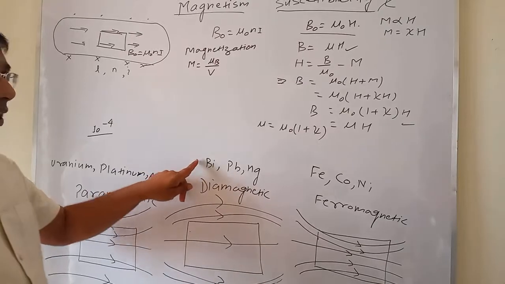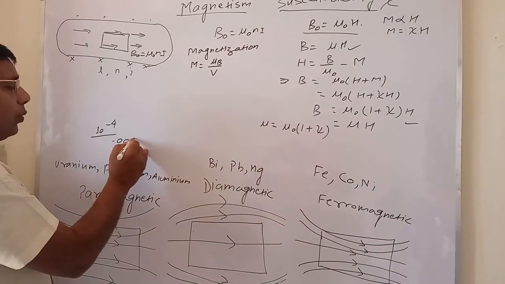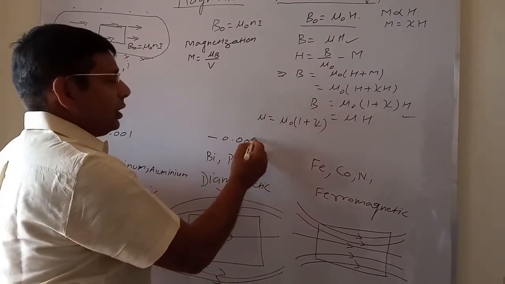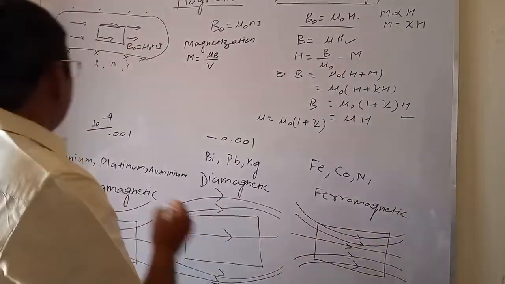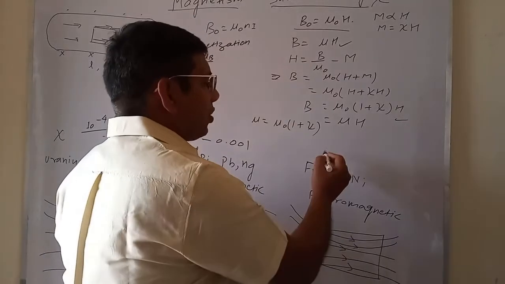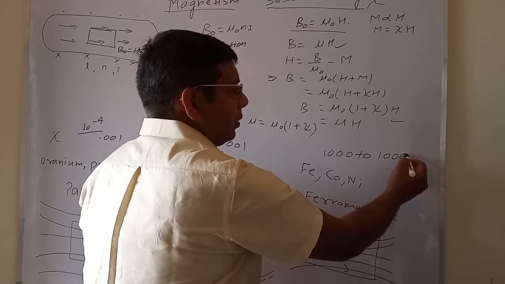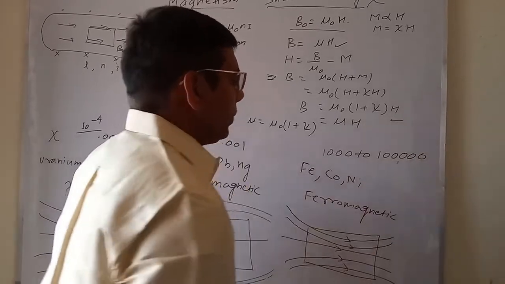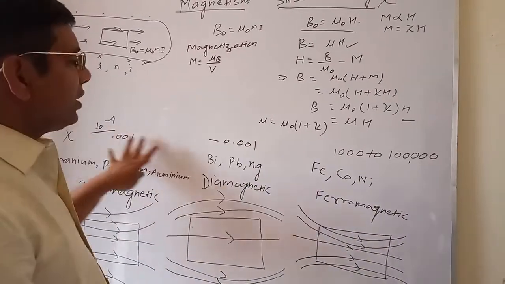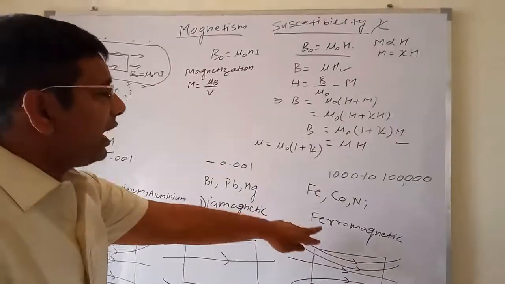If it is negative, it may be like minus 0.0001, then it is diamagnetic. And in the ferromagnetic case, susceptibility will be very high, of the order of 1000 to 1 lakh. So quantitatively we can say when a material will be paramagnetic, diamagnetic, or ferromagnetic.